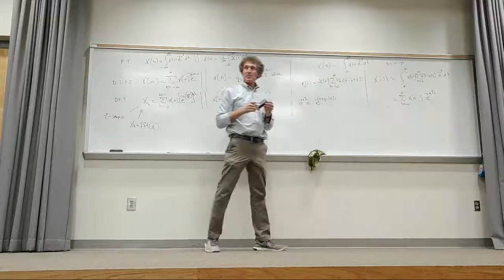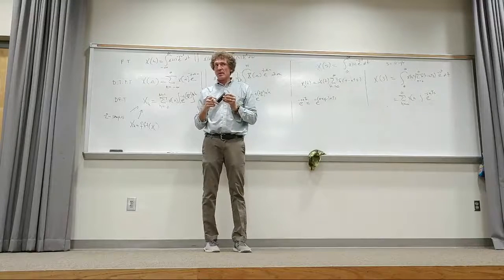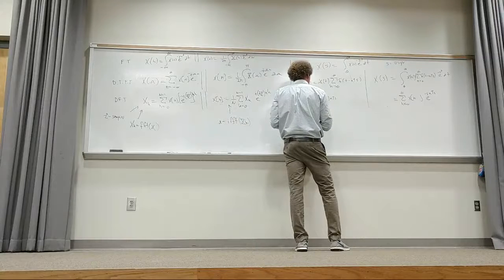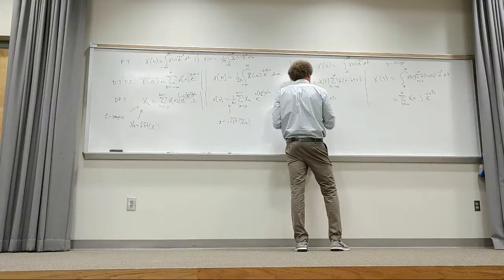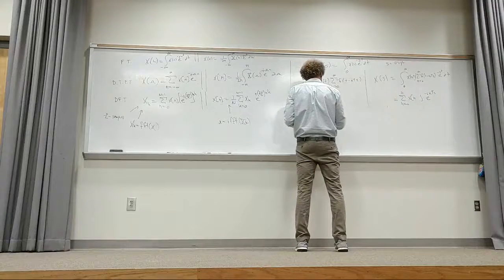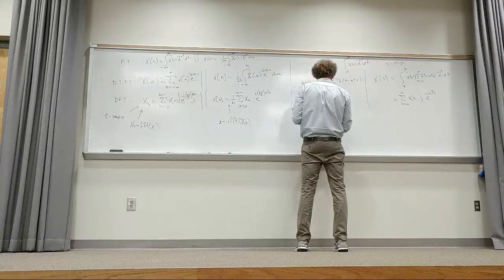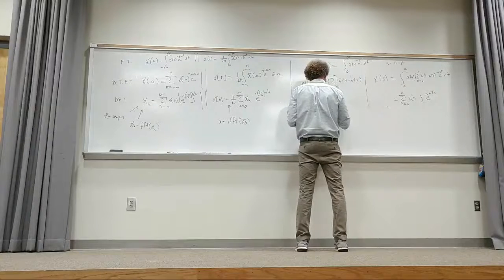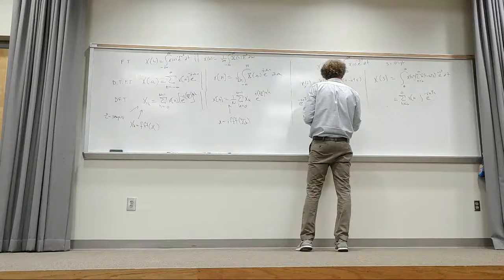Follow me so far? Keep watching. Now I'm going to say this is actually equal to e to the quantity sigma times Ts, times the quantity e to the j omega Ts, to the minus n power.